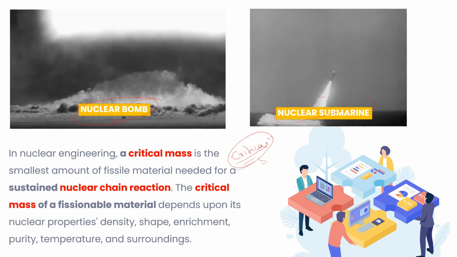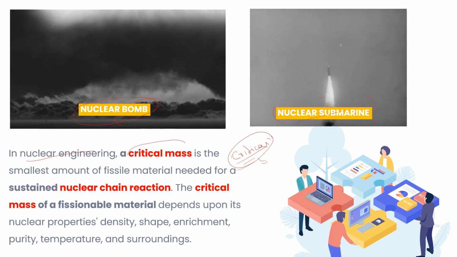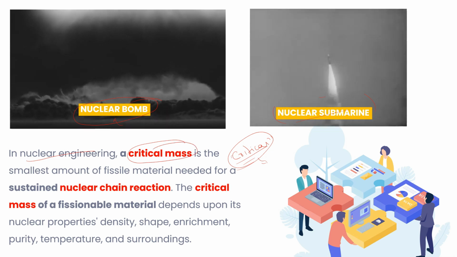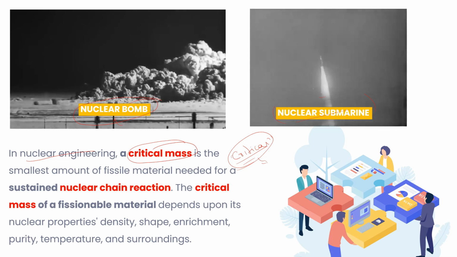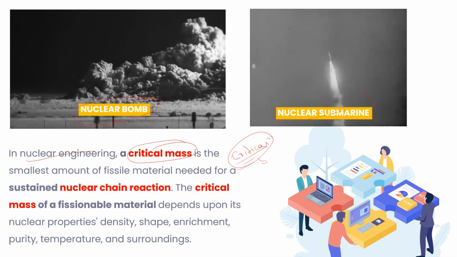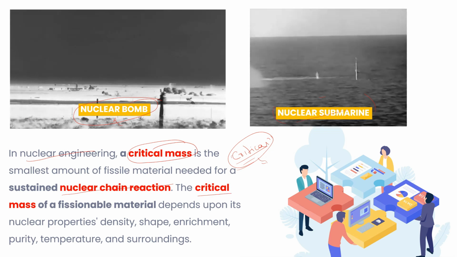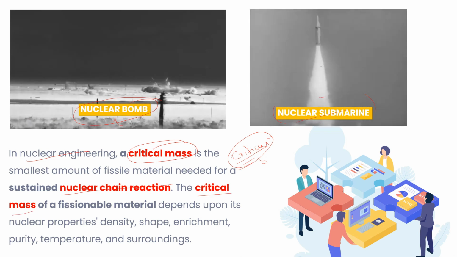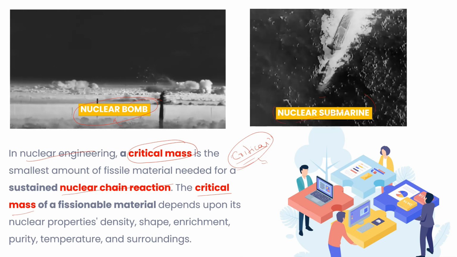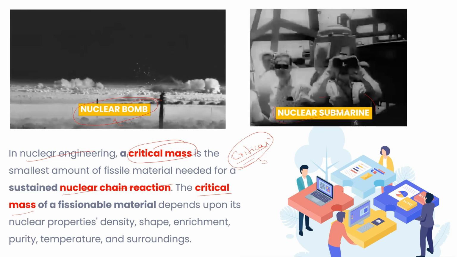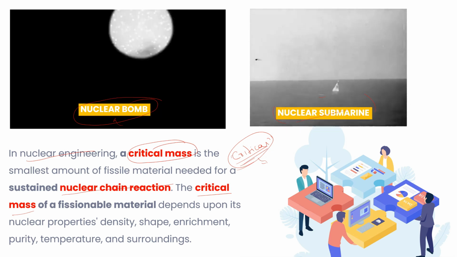In nuclear engineering, critical mass is a common and very important term, because it is the smallest amount of fissile material needed to sustain a nuclear chain reaction. So critical is a very common term in nuclear engineering, and this was the reason the word critical was picked up in the critical path method.